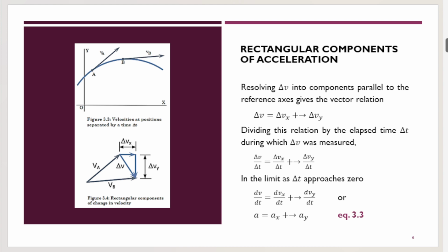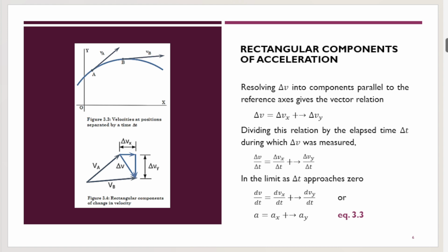So let's resolve the delta V into components parallel to the reference axes. Just like earlier, we have this velocity as V sub x plus the vertical component V sub y. Therefore, our delta V is delta Vx plus delta Vy.